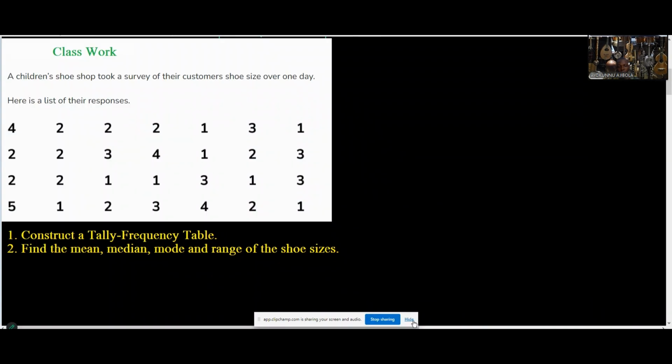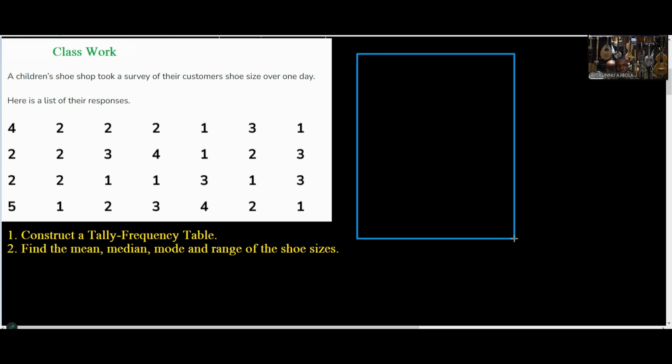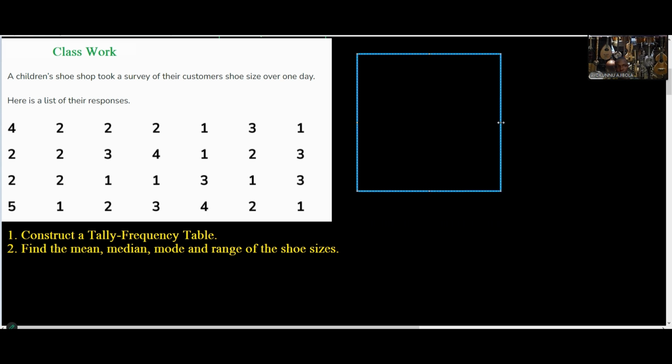So the first thing we need to do for this particular question is to get our table, which is something like this. There are maybe 5 rows, 1 to 5. Then I need a place for the numbers, then probably the tally and the frequency.